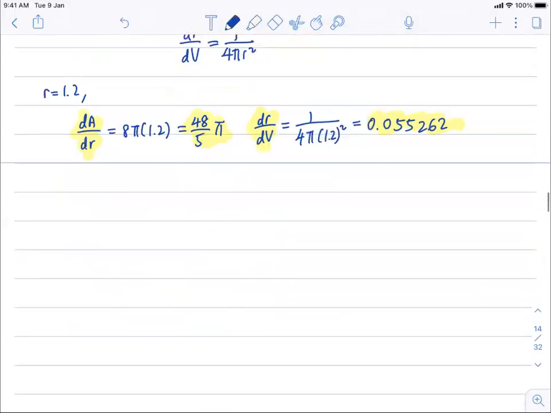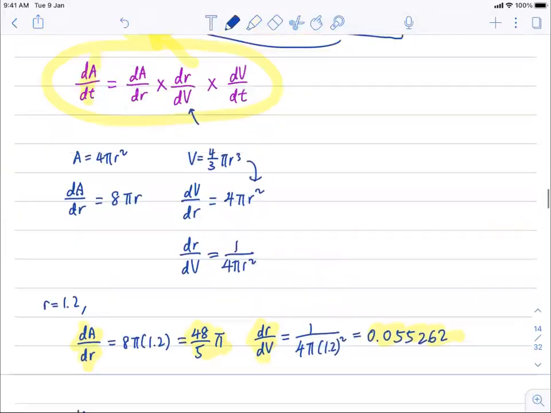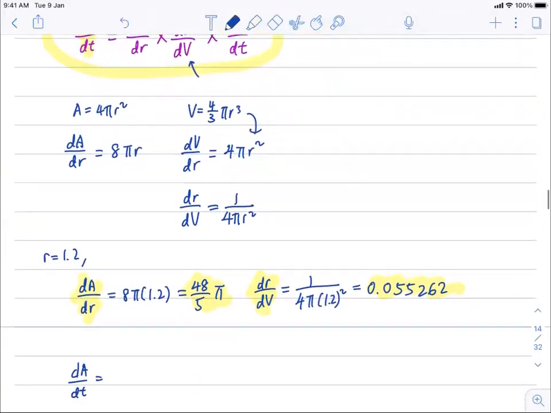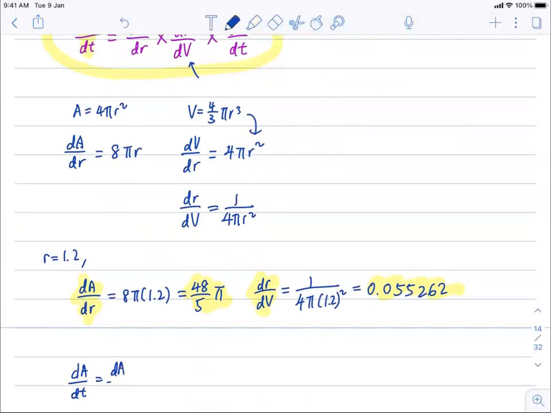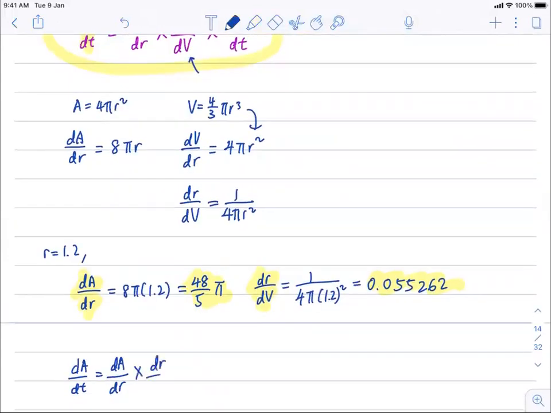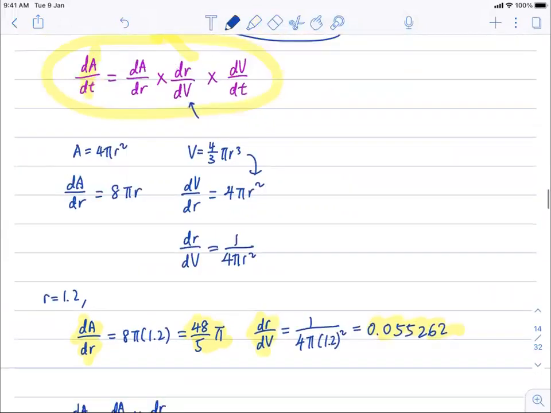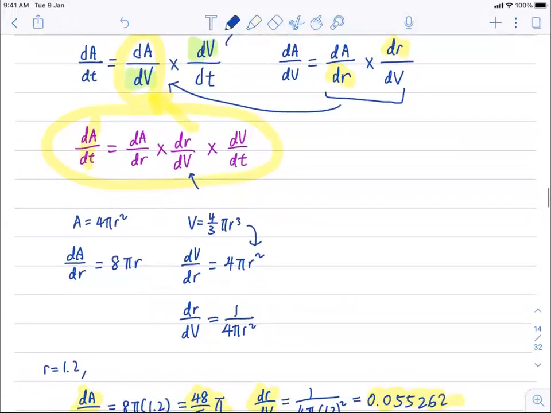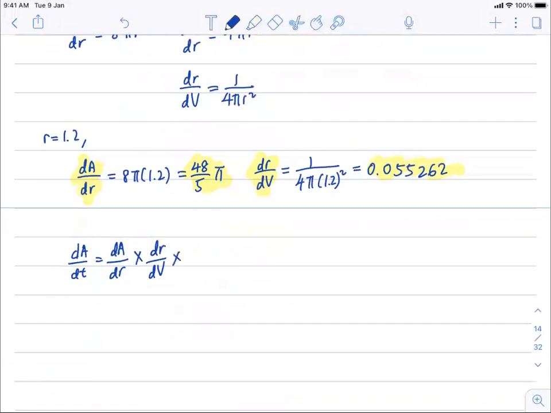So again, dA over dt is equal to dA over dr multiplied by dr over dV multiplied by dV over dt.